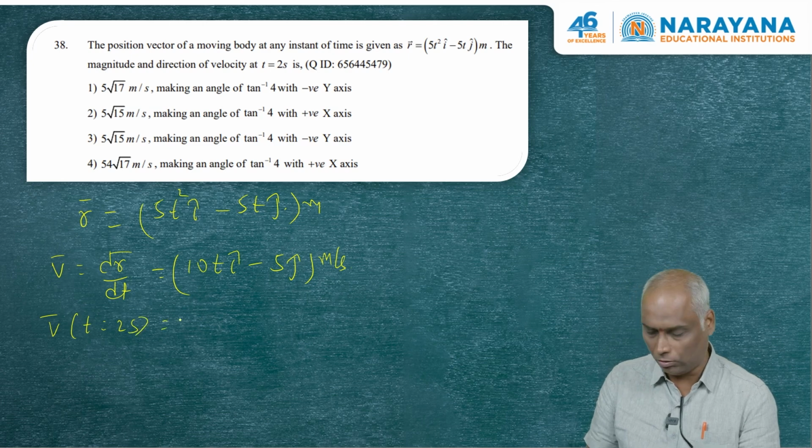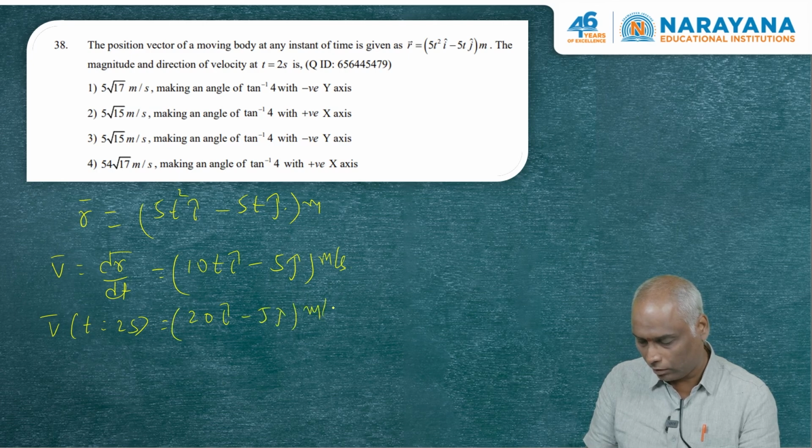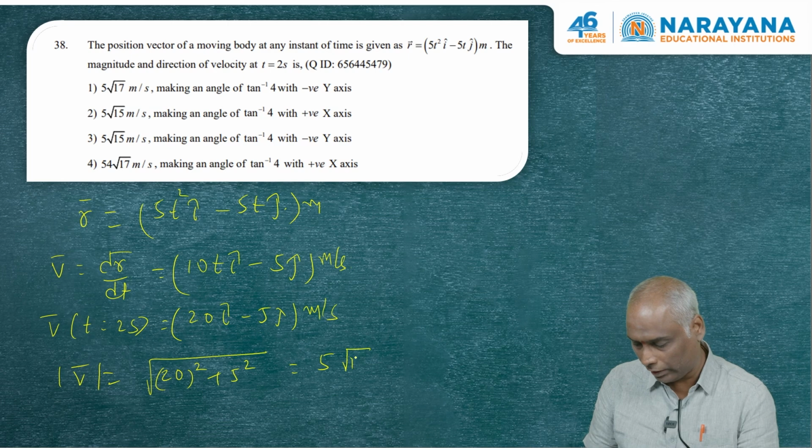So substituting t equals 2 seconds, this value is going to be 20 i cap minus 5 j cap meter per second. So the magnitude of this velocity is mod v bar equals root of 20 whole square plus 5 square. So this value is going to be 5 root 17 meter per second.